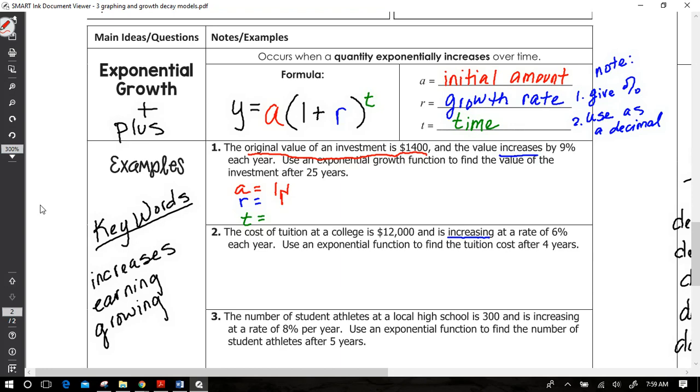So 1,400. The value increases by 9%. So there it is as a percent. I need to change that to a decimal. So I would move it back 2 places and I would get 0.09. Okay, 0.09. So I'm going to write that here for my rate.